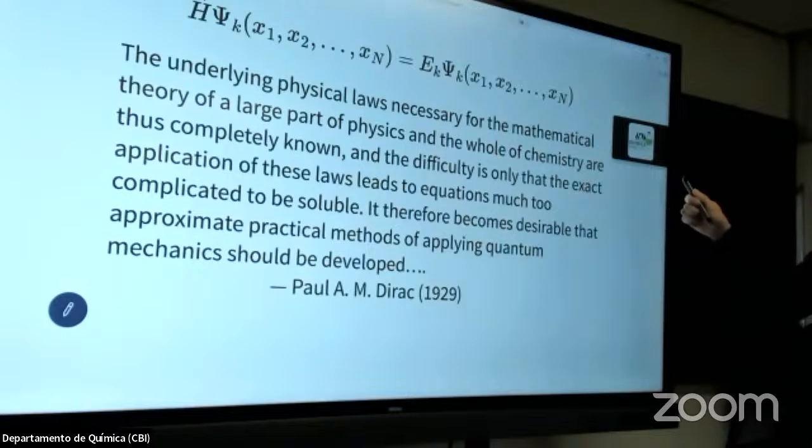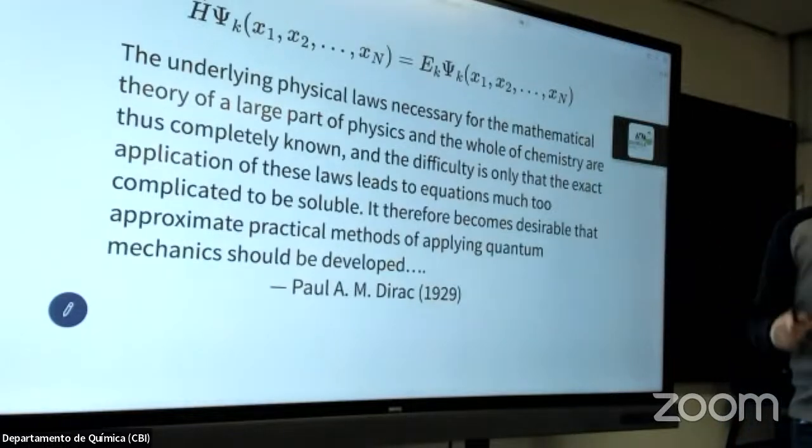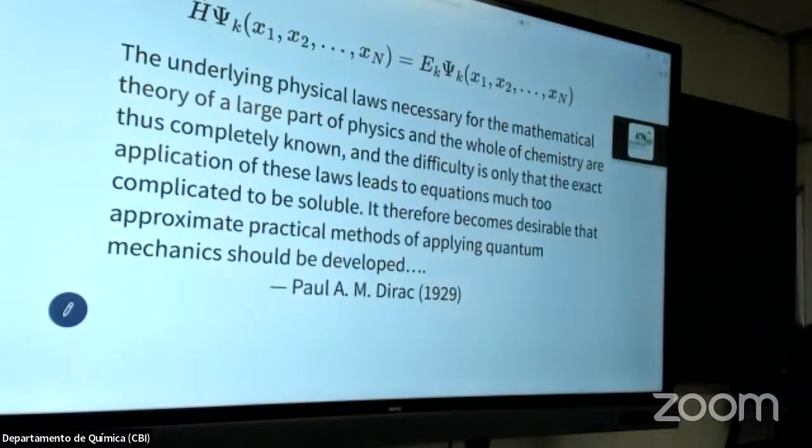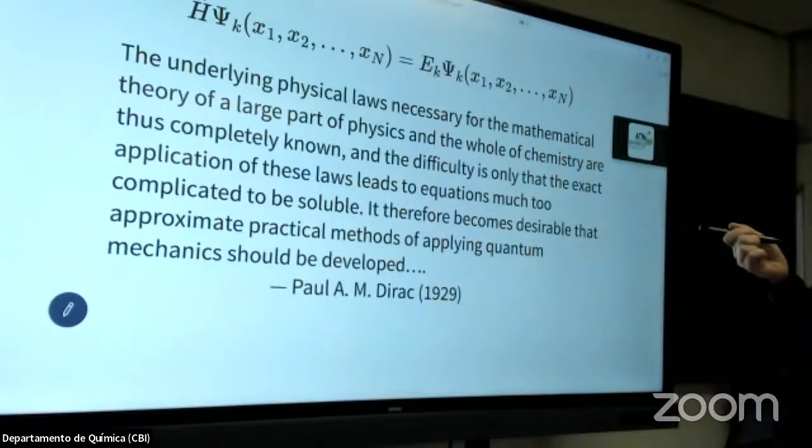And the difficulty is only that the exact application of these laws leads to equations much too complicated to be soluble. And then often people stop, right? But the next sentence was, it therefore becomes desirable to have approximate practical methods of applying quantum mechanics, right? So that's what we're going to talk about today. Okay, next slide.